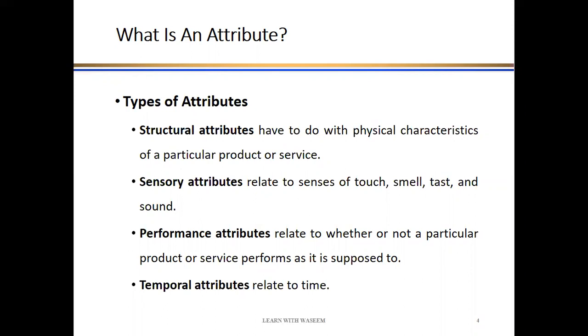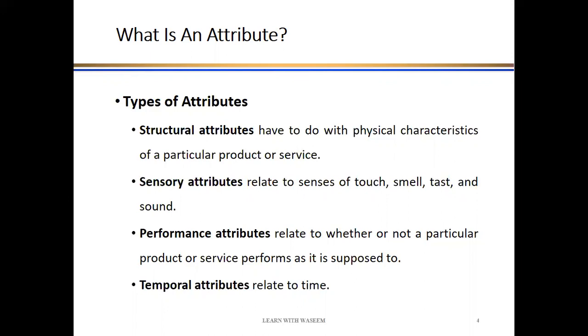The first one is structural attributes. Structural attributes have to do with physical characteristics of a particular product or service. For example, an automobile might have electric windows. Services have structural attributes as well, such as a balcony in a hotel room. The second one is sensory attributes.